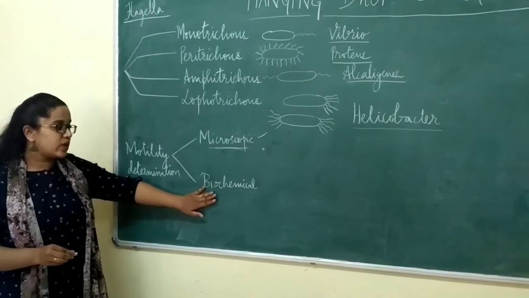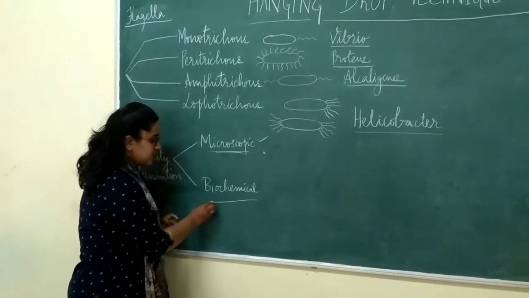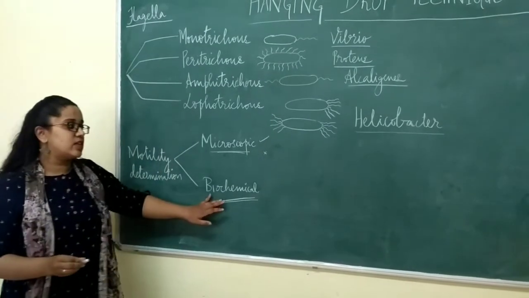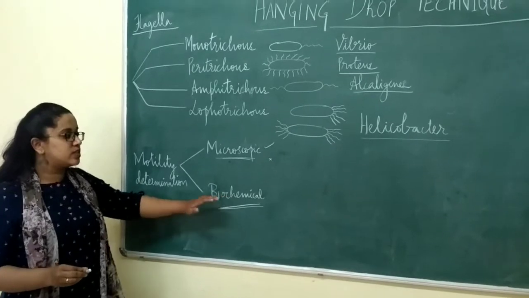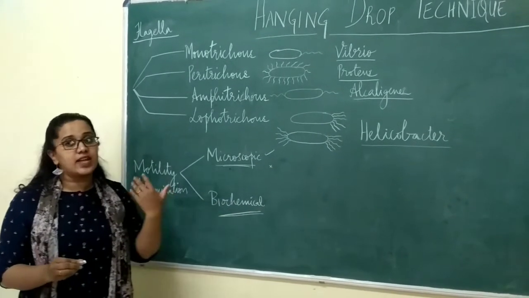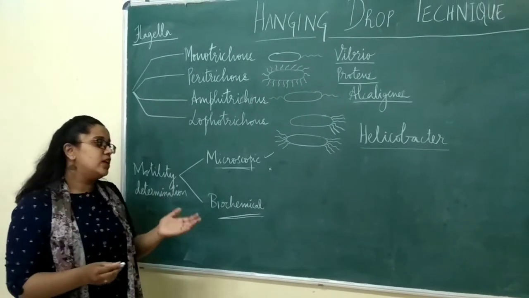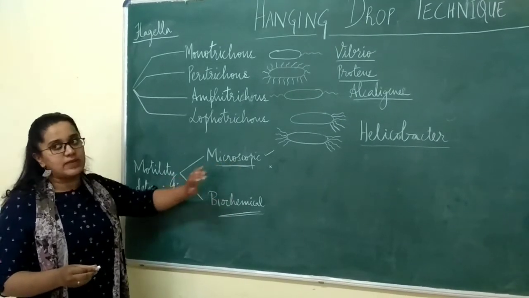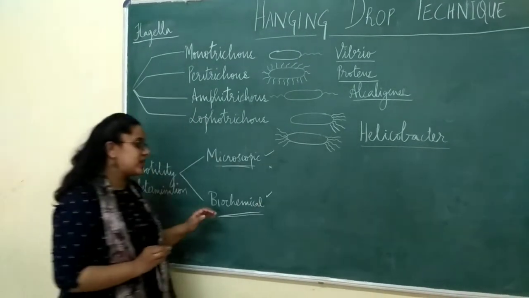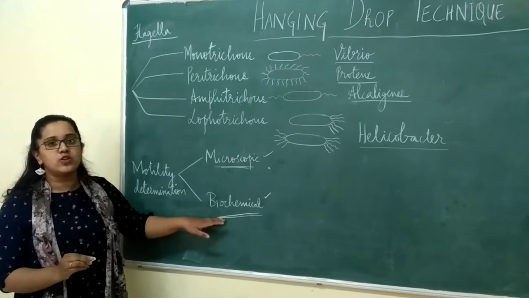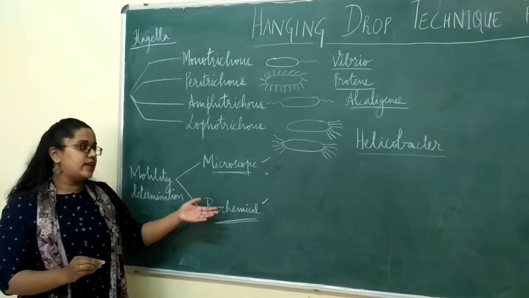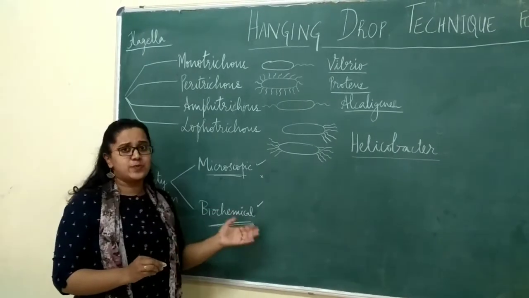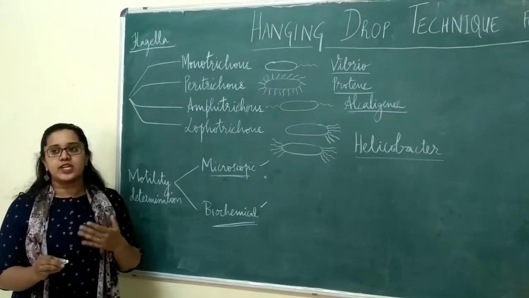Moving on to biochemical techniques. Biochemical techniques are advantageous in that they are safe to use. We are not coming in direct contact with the microbe, and hence it is safer when compared to the microscopic technique. The disadvantage is that it is time consuming, and at least 24 to 48 hours will be required.